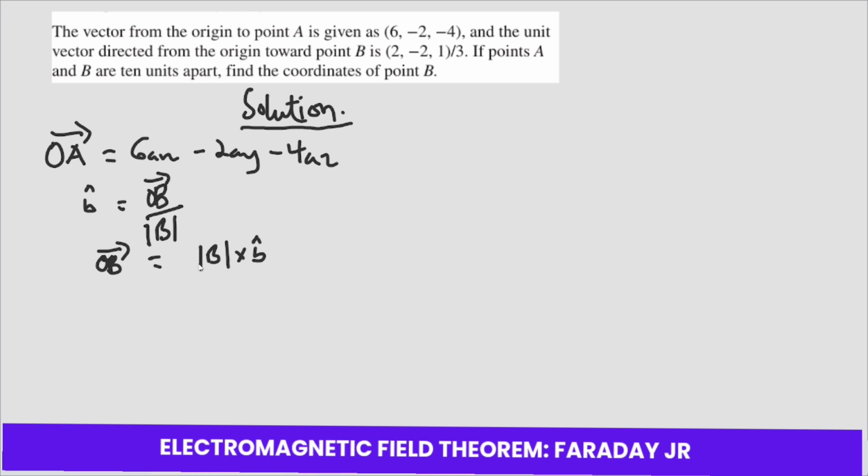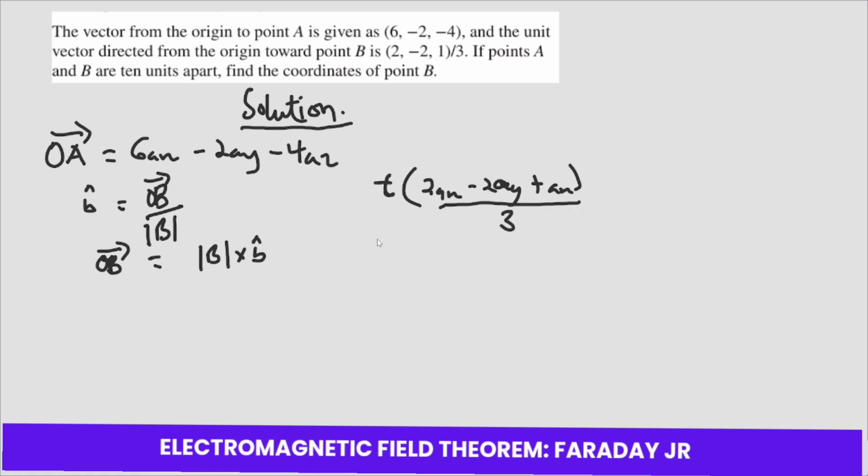All right. So for simplicity, I would like to change my magnitude to a certain value t. Then I'll multiply it by my unit vector, 2ax minus 2ay plus az, all over 3.